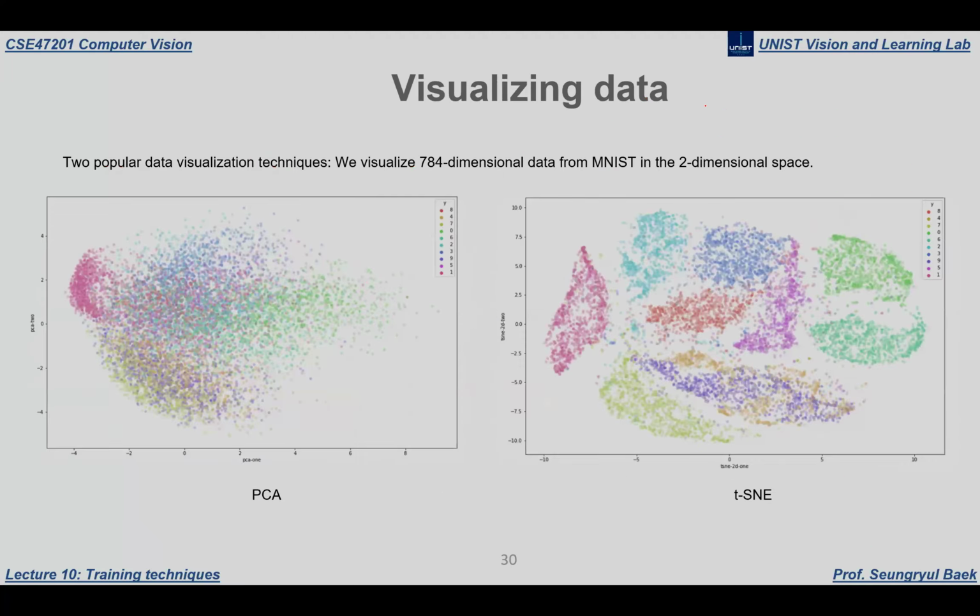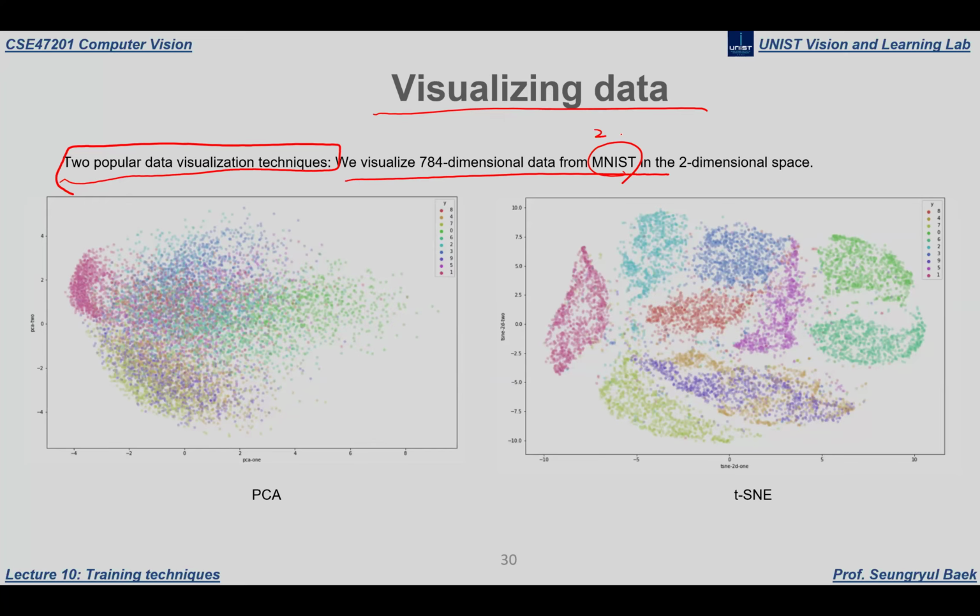So I want to introduce two widely used methods developed for visualizing data samples. Two popular data visualization techniques. For example, MNIST, the simplest image classification data, has 28 by 28 grayscale images.